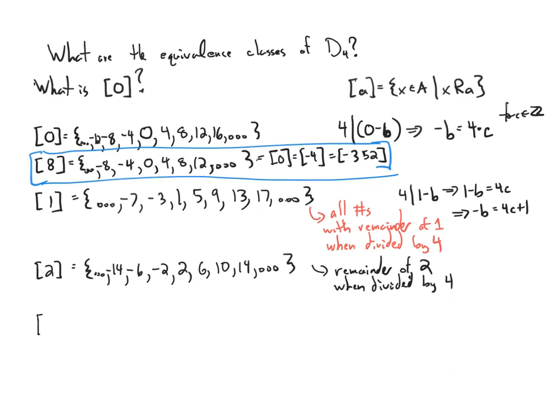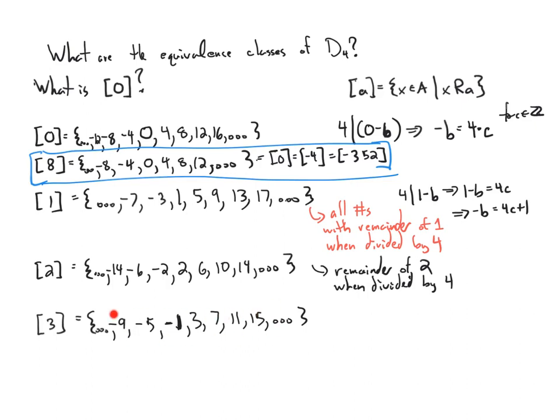And finally, the equivalence class of 3 is indeed all numbers that have a remainder of 3 when you divide them by 4. And maybe we'll put a couple in here. -1, -5, -9, etc. Again, -1 is -4 plus 3. -5 is -8 plus 3. -9 is -12 plus 3.